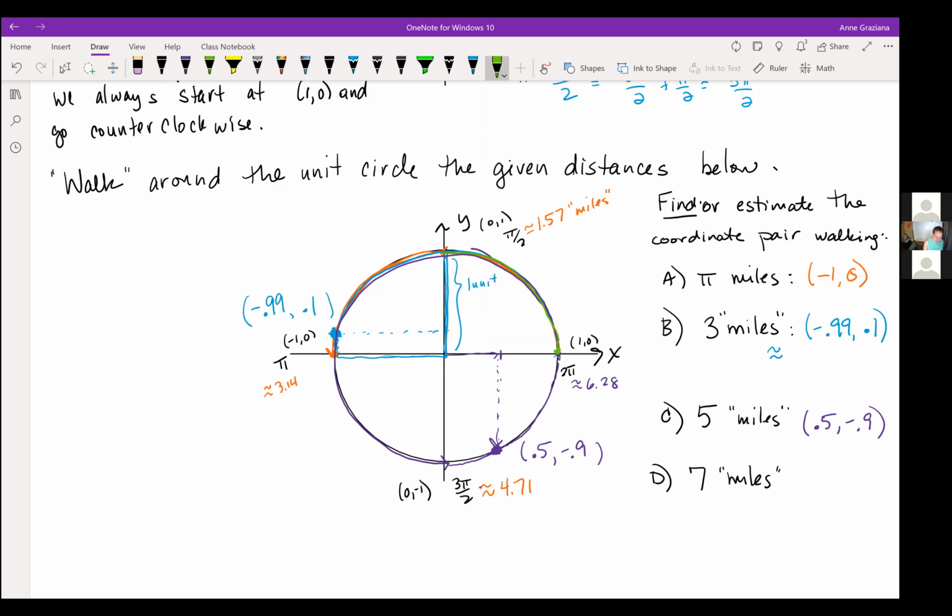Here's 1.57 miles. Now I went 3.14 miles. Now I've gone about 4.71. And when I get all the way around, 6.28, but that's not quite 7, I have to go a little bit past it. So I'm going to loop, and that's fine. So this point is going to be 1 revolution and a little bit more.